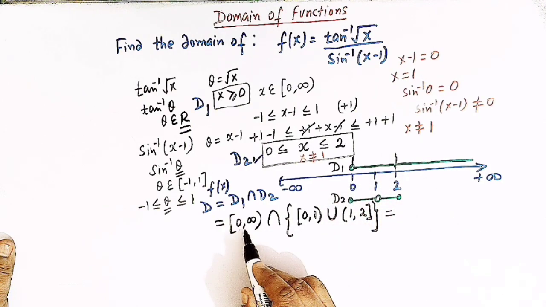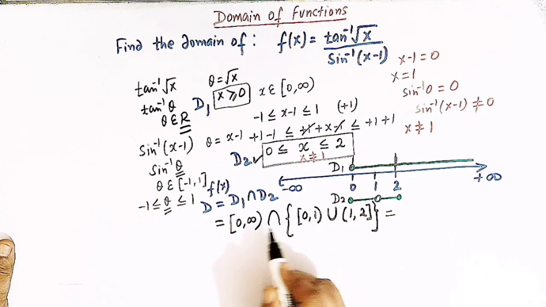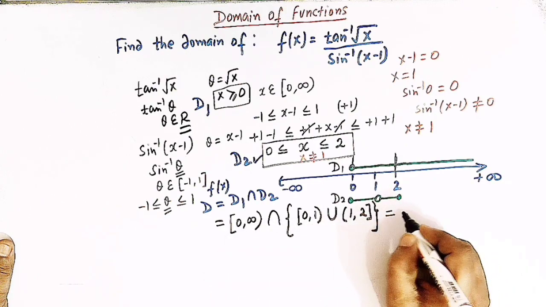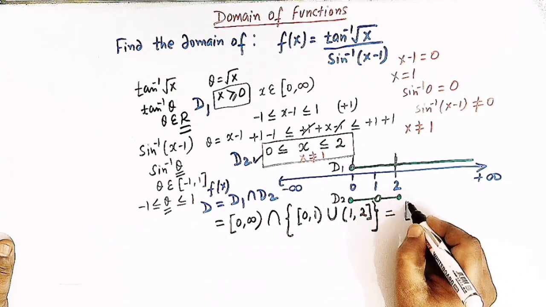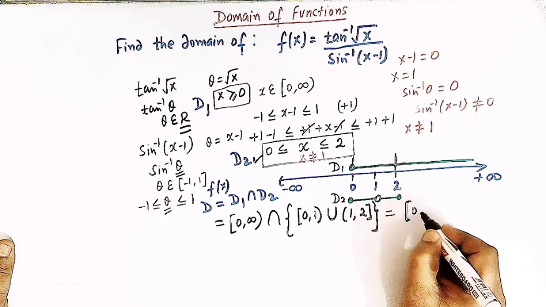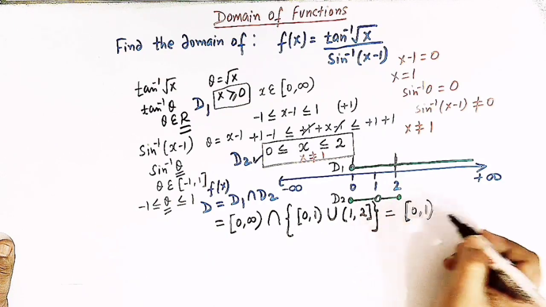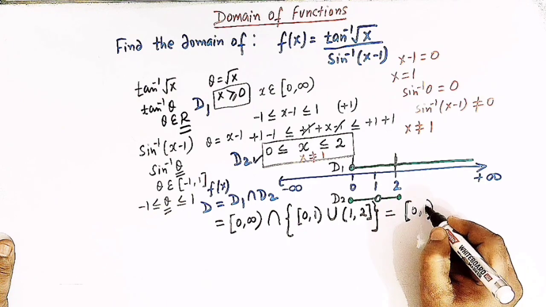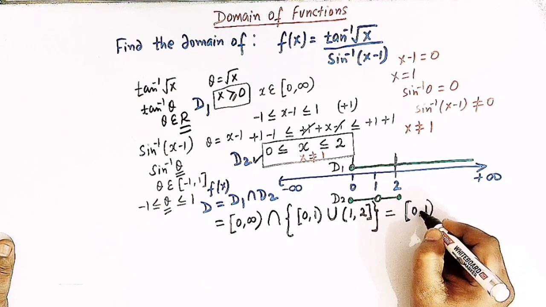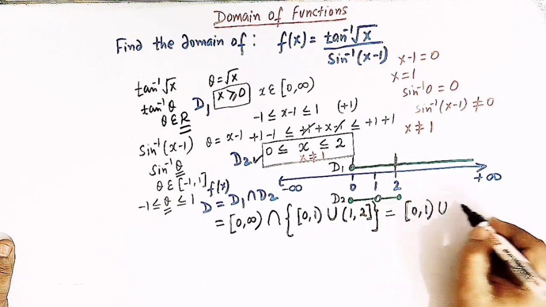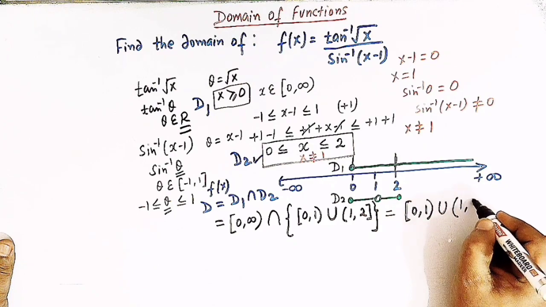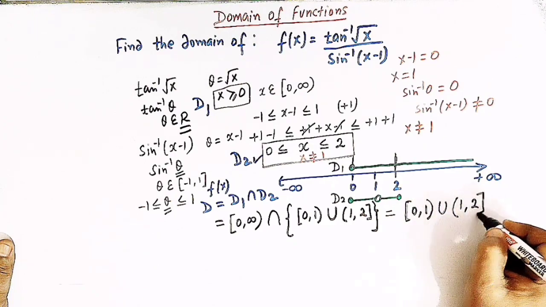So the intersection of these two intervals is now given by this one, that is 0 to 1, and here 1 is not included, and then we have the union, and here we have 1 to 2, and 2 is closed.